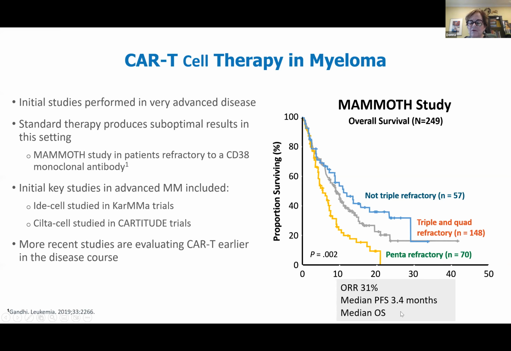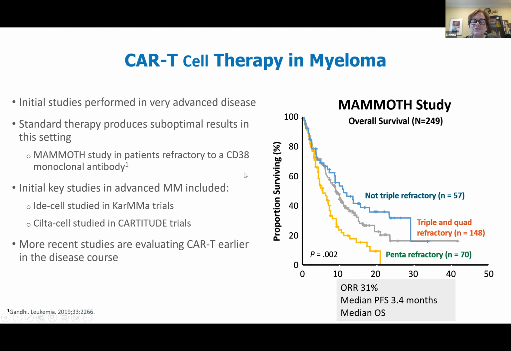And the median survival, I didn't deliberately leave this off, but I believe in this analysis, it was 9 to 10 months. So this is not a favorable situation for a person with myeloma to face.